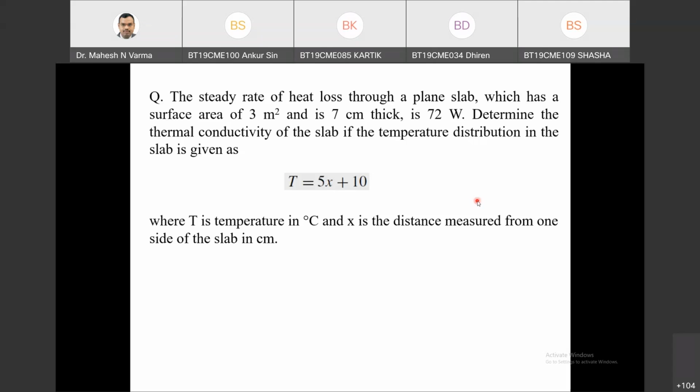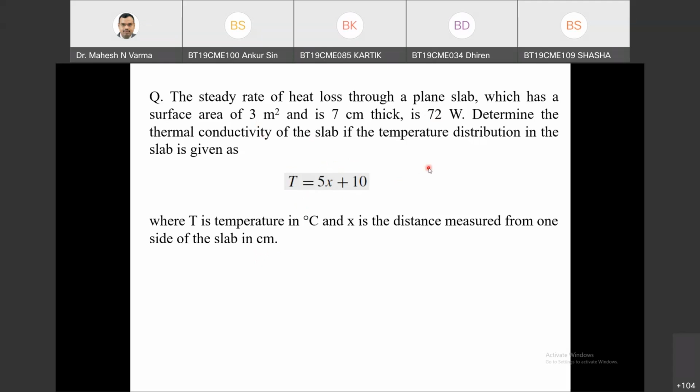But you can assume, this is actually a glitch here, that x is the distance measured in centimeter. So if you calculate dT by dx, it will be in degree Celsius per centimeter, and flux is in watt per meter square. So you need to convert this into degree Celsius per meter and get the thermal conductivity value.